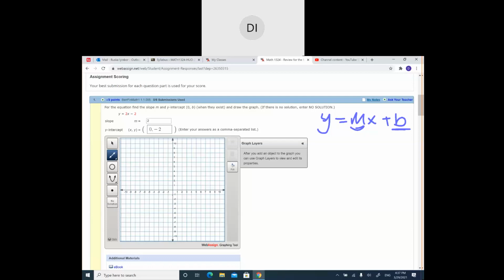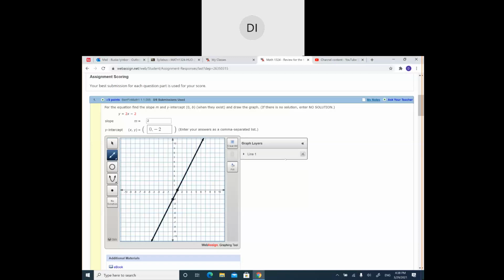So when I click at 0 and negative 2, the point is right here. And then the slope is 2, which is going 2 up and 1 over. So this is going to be my next point. Okay? And then you can click on the line one more time to graph it.